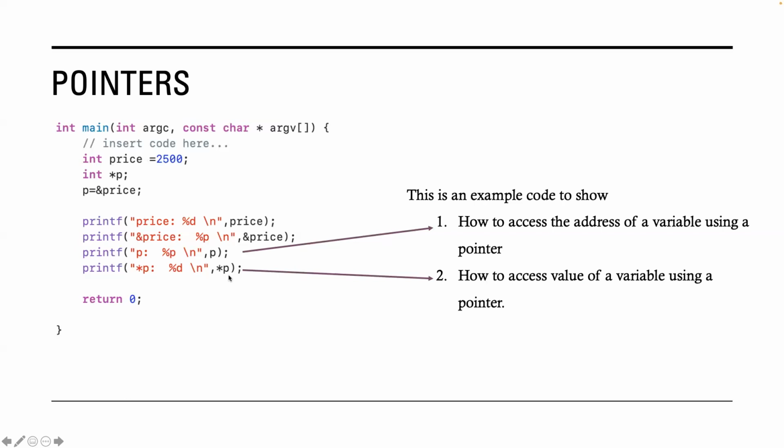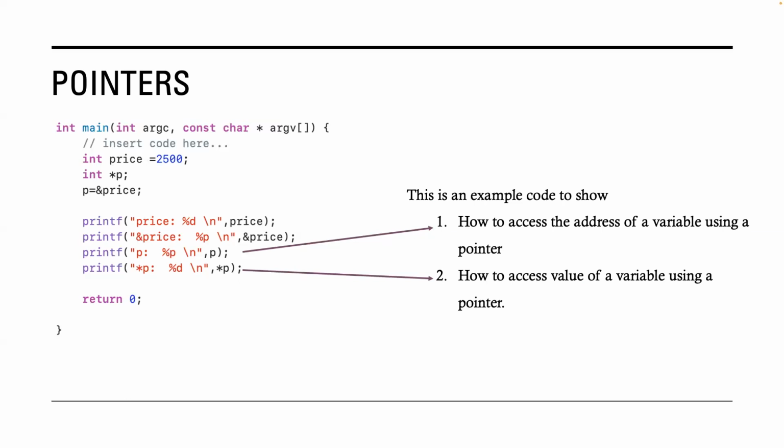And if I use the star followed by the pointer name, that means I am retrieving the value of the variable. Here the variable is the price variable.